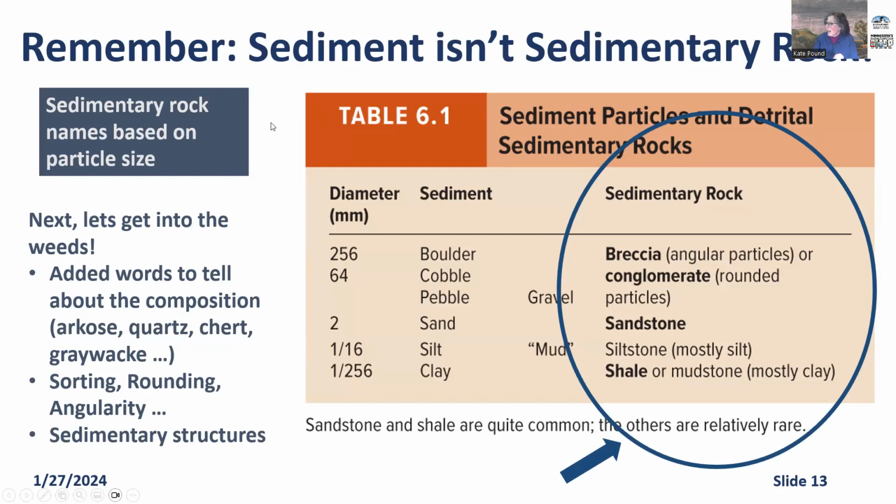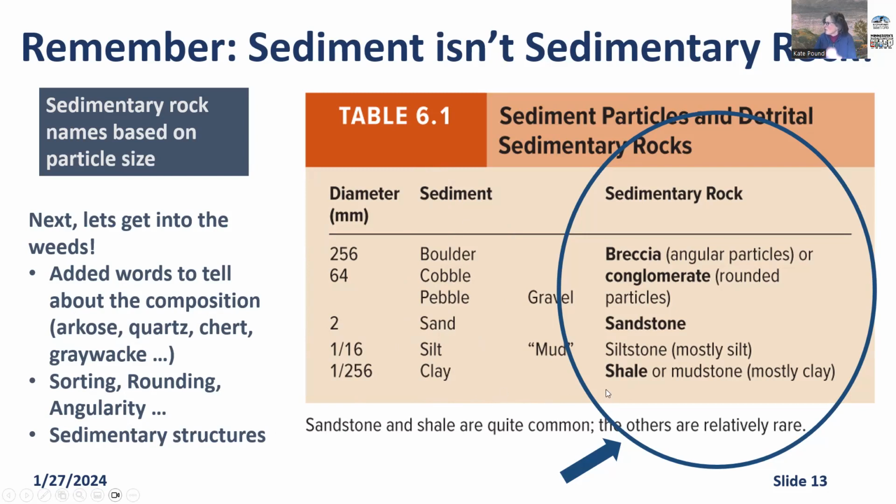And if we start thinking about the naming of sedimentary rock, it essentially builds on the terms that get used for sediment, except there are some additional things that happen. We might add some words to tell about the composition, sorting, rounding, angularity, and sedimentary structures.